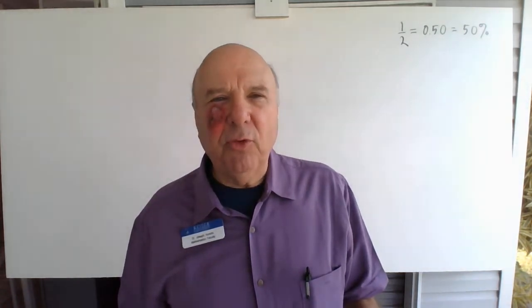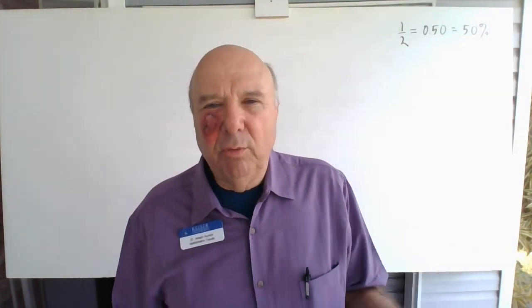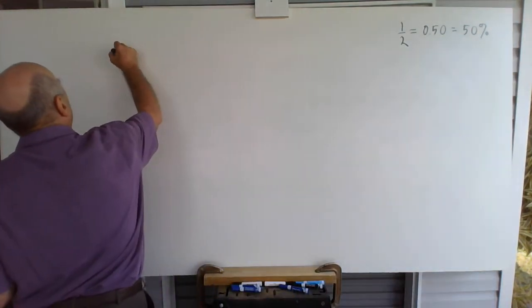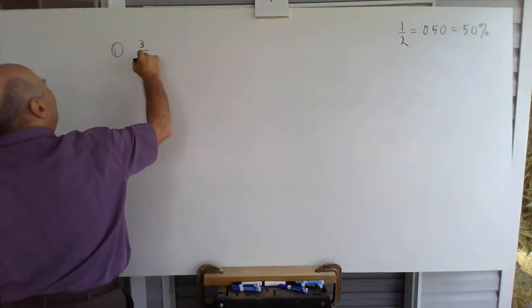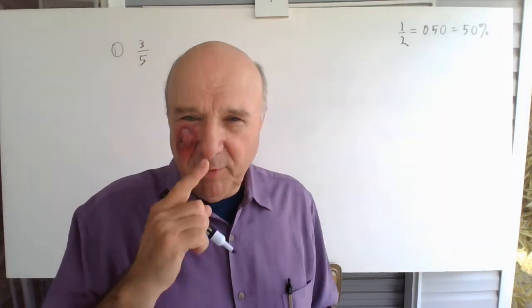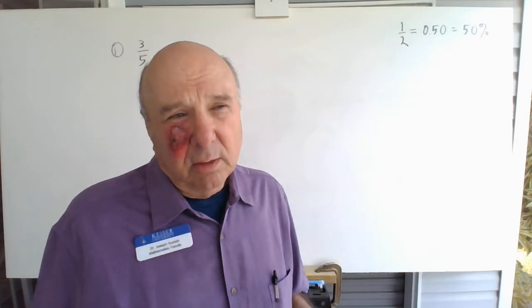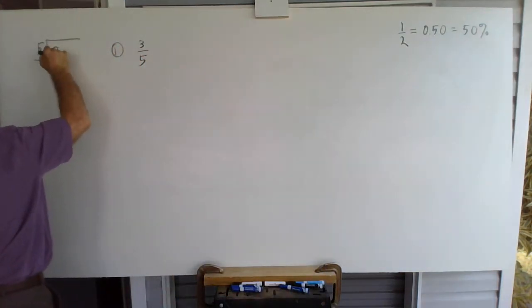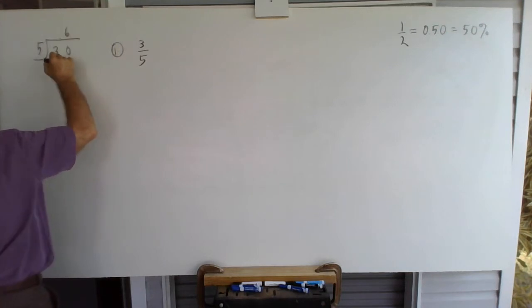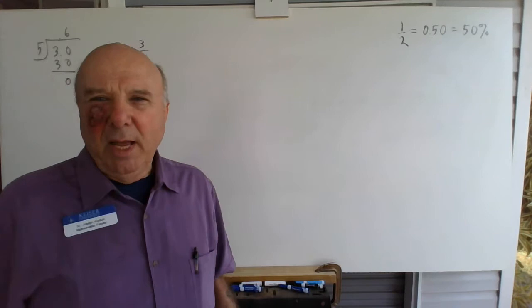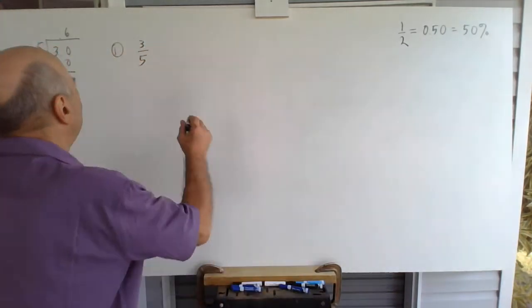So how do we get to decimals? Long division. So let's take a simple one. Three-fifths. If I do long division, I get 0.6.